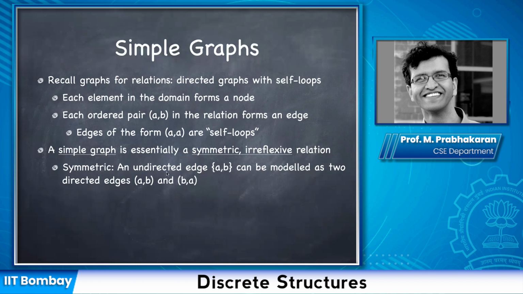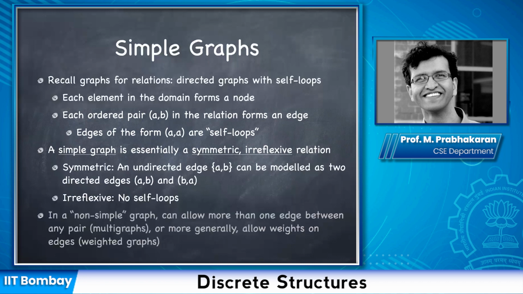So a simple graph can be represented as a symmetric irreflexive relation, and conversely, a symmetric irreflexive relation can be completely captured using a simple graph, with the understanding that an edge AB indicates two directed edges, AB and BA. So essentially, a simple graph is something we have already seen. It's a relation of a specific kind.